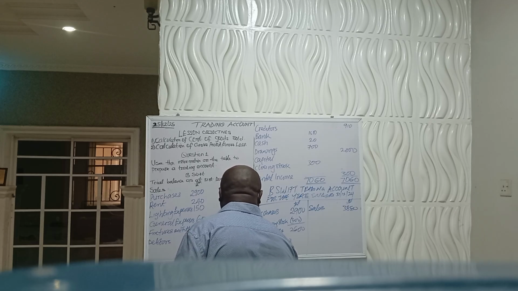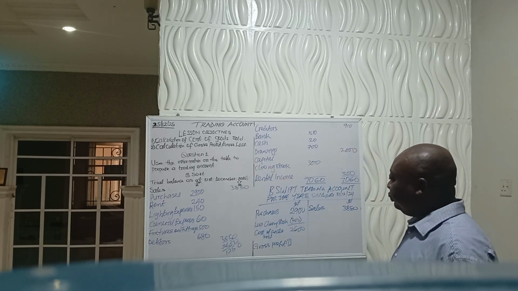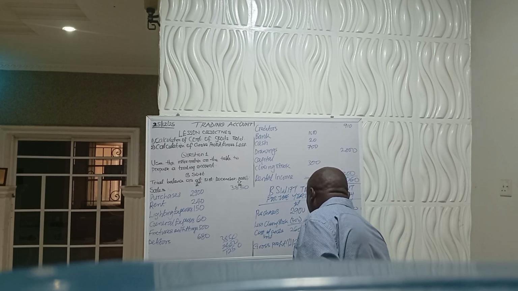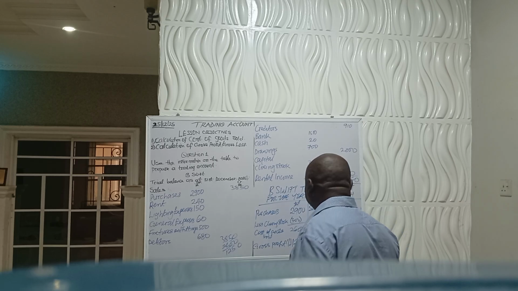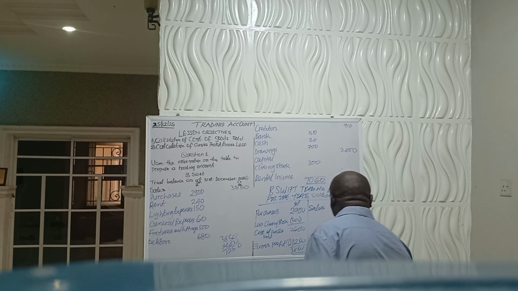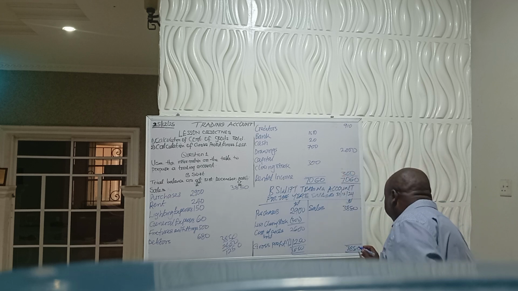So the difference between the two is 1,250. So the gross profit is 1,250. We add it together with this, it will give you 3,850. This one, bring it down.